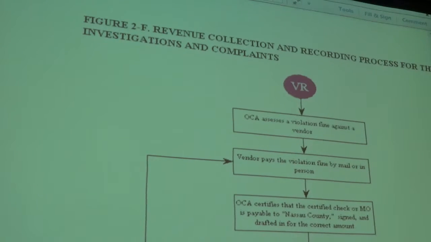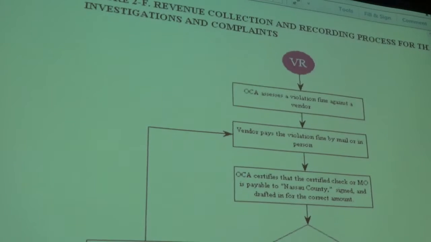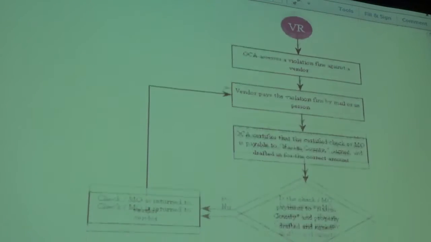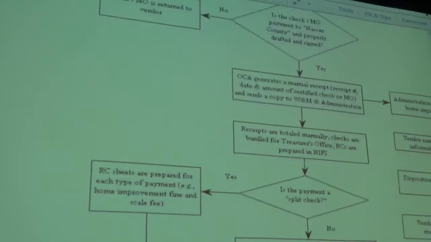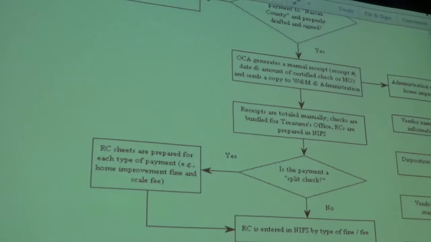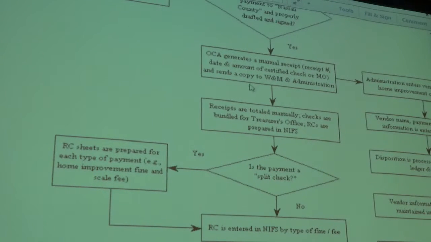And also, if I go back to this slide, page 45 or slide 44, it also shows things that can be automated. Here, if you look at the revenue collection for the Office of Consumer Affairs, things are done manually. There's a manual receipt that can be automated.